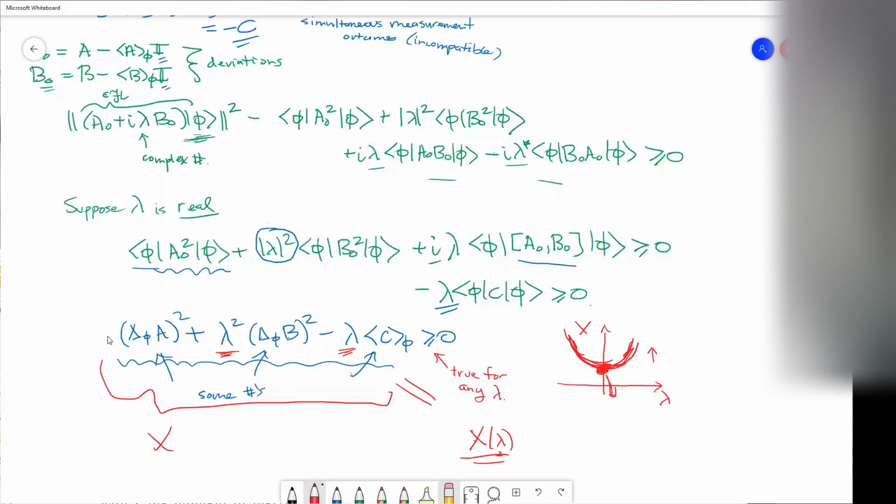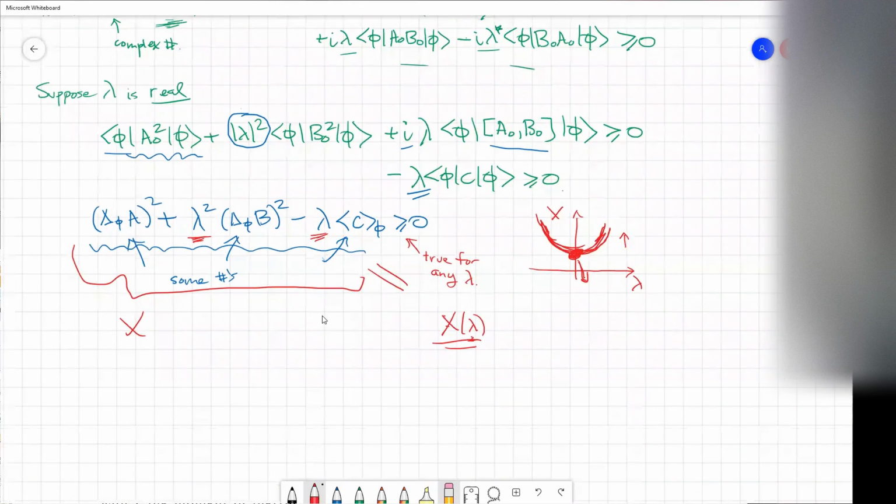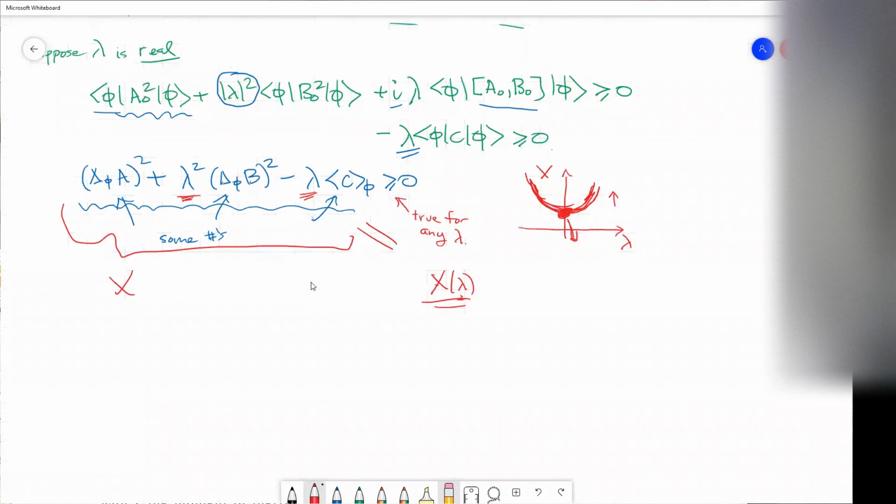In particular, say we call this guy little a, and this guy little b, and this guy is little c. Then we know a plus lambda squared b minus lambda c has to be greater than or equal to 0.